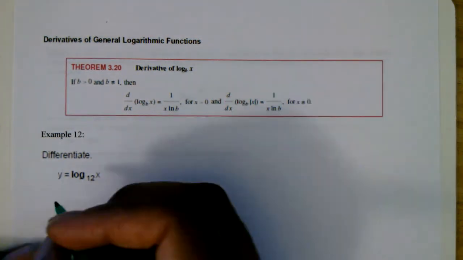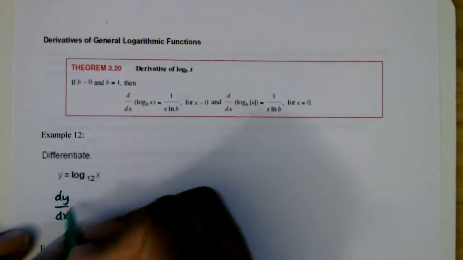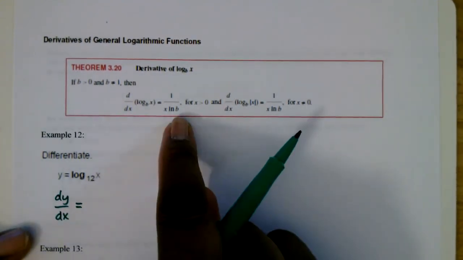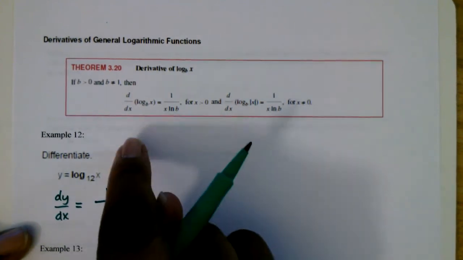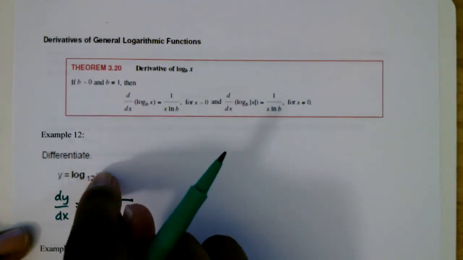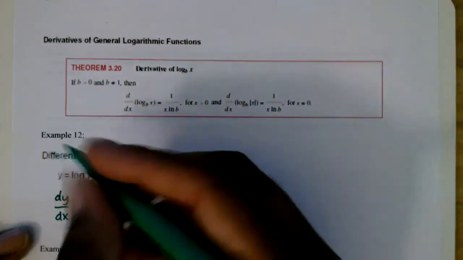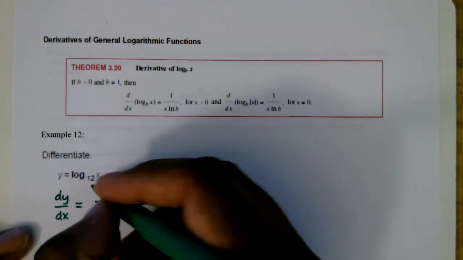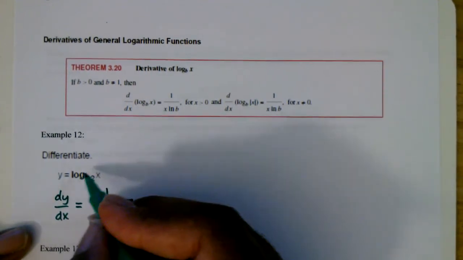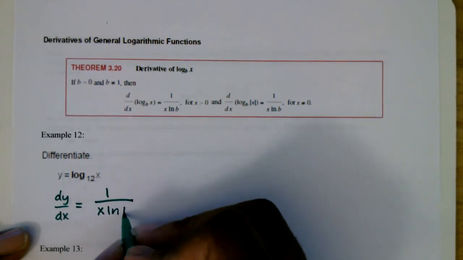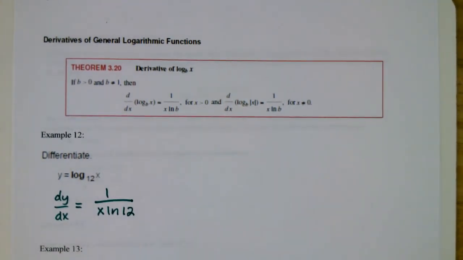So here the derivative of y with respect to x, using that rule, I'm going to have 1 over x. That x comes from the exponent up here. Well, not the exponent. It comes from what we're taking the log of. That's the x. And then we include ln of our base, which is 12. And that's our final answer there.